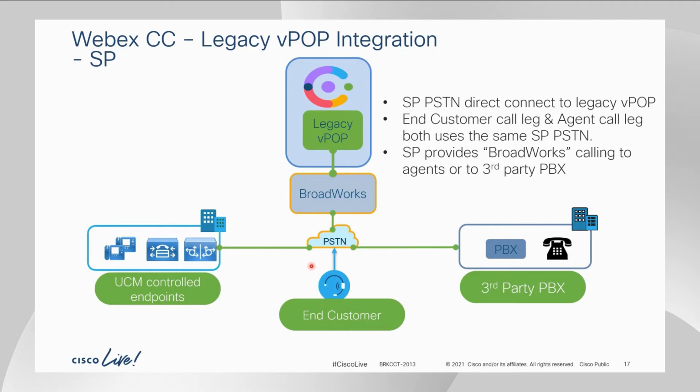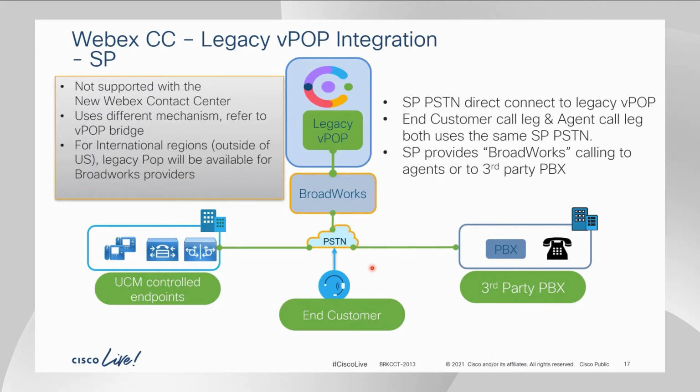And oftentimes that's why you hear the term that the call has to go through the PSTN twice, and that is what it means: the contact center application and the agent all connecting via the PSTN. This option is not available with the new Webex Contact Center, which requires a VPOP bridge, and that we will be covering in detail. Today, this option is applicable for international regions, meaning Webex Contact Center customers outside of the US.